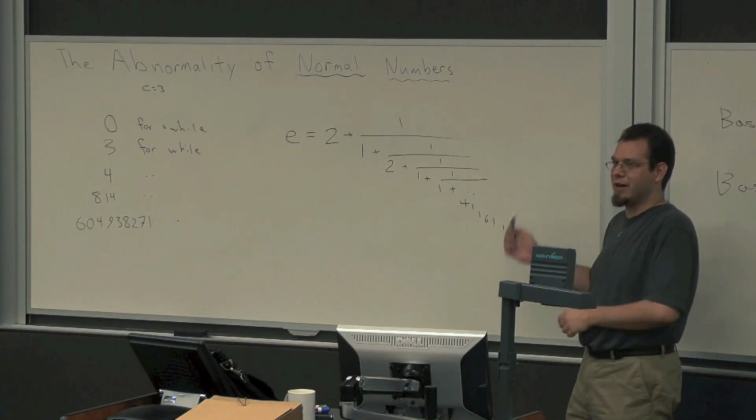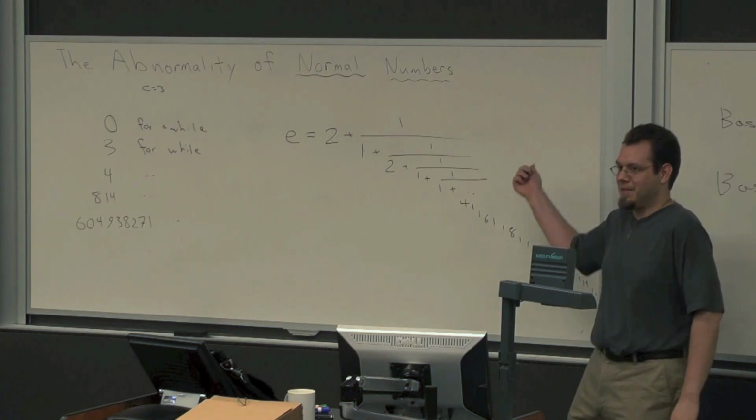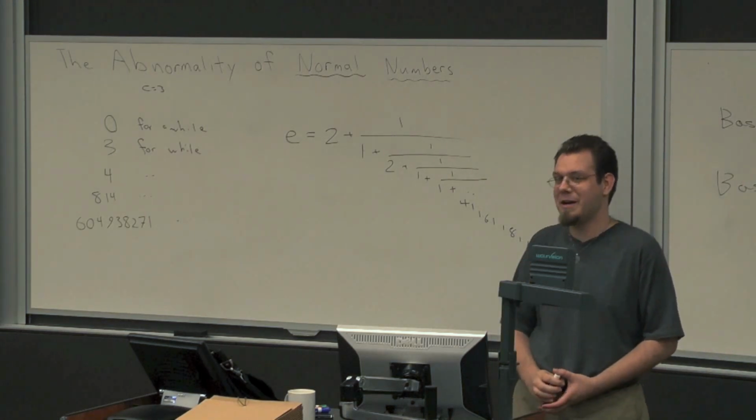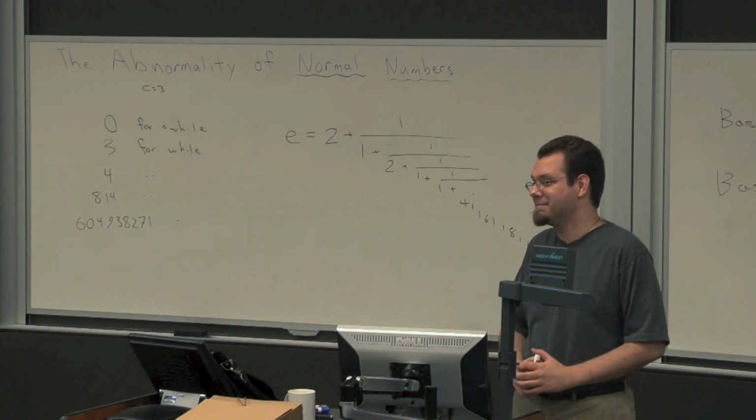And for continued fractions, there is a notion of being normal, and this fails it spectacularly. On the other hand, pi, for continued fractions, we have no idea.